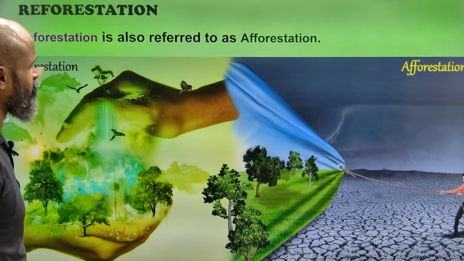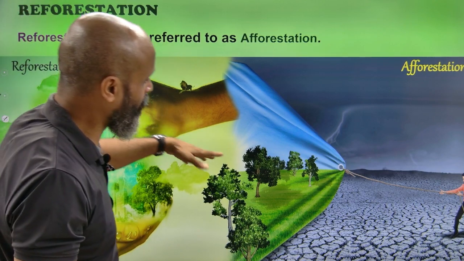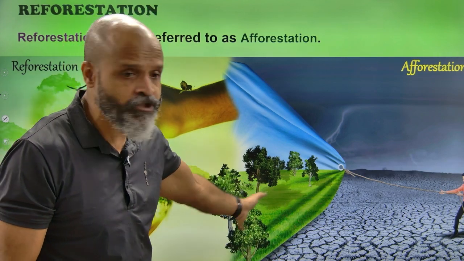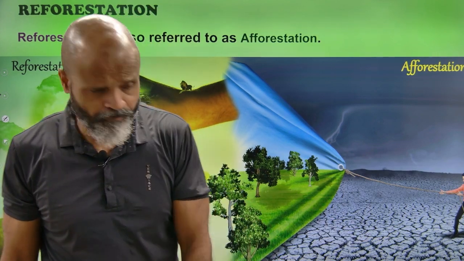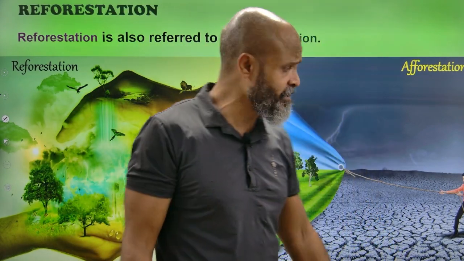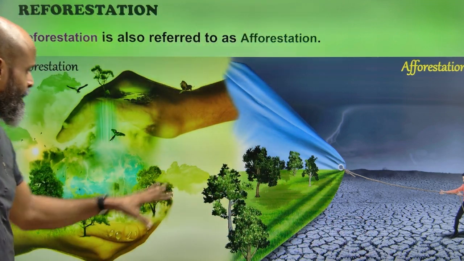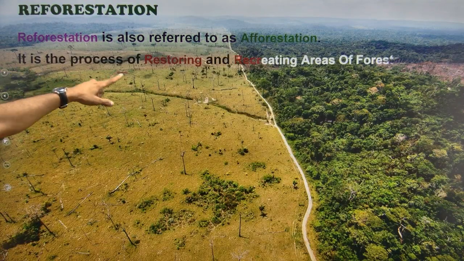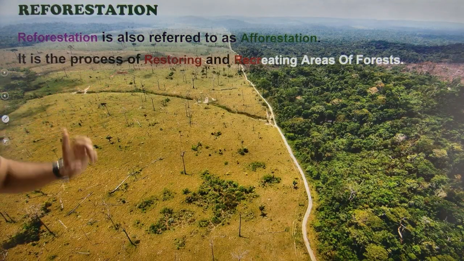Reforestation is also referred to as afforestation. Afforestation means what? In a dry land which is basically losing trees, a lot of trees have gone. There are certain NGOs, there are certain people who are taking initiatives in order to rebuild again the entire ecological balance. Okay, so that is called reforestation. It is the process of restoring and recreating areas of forest.